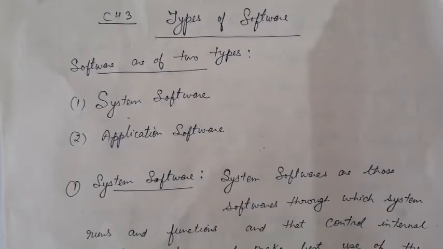We install software first. When we purchase a computer from any shop, first of all we install software. Which software do we install? Some operating system software, like Windows, or Linux, or Mac, any operating system, depending on our computer system or our requirement.